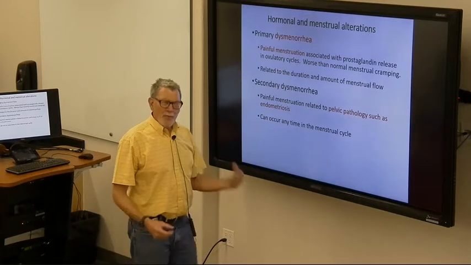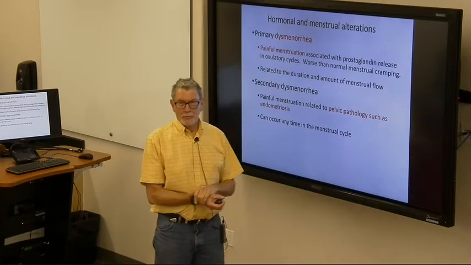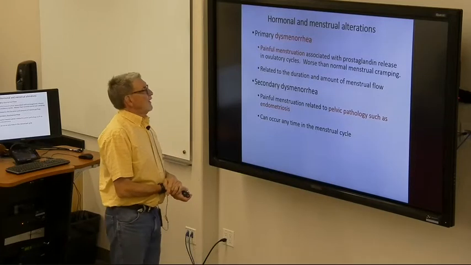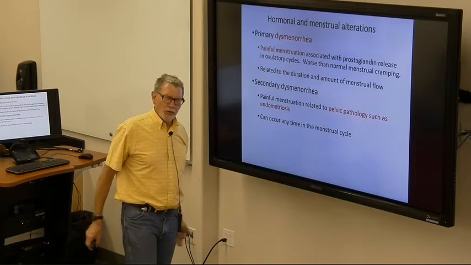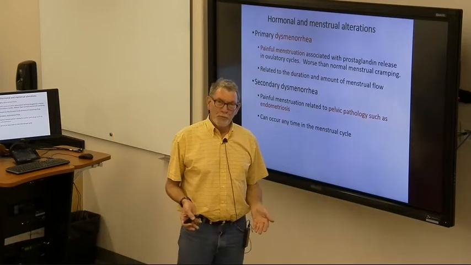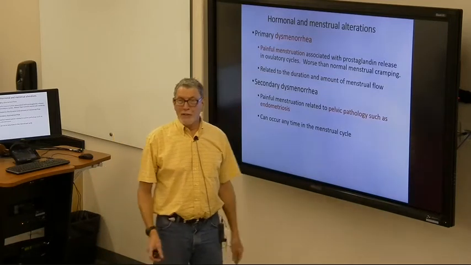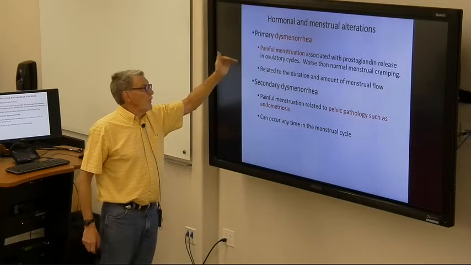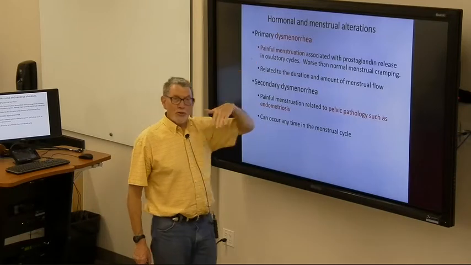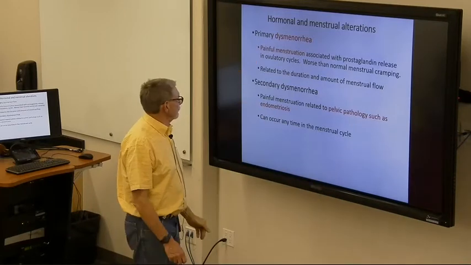Dysmenorrhea means painful or difficult menstrual cycles. Some women have a terrible time each month with menstruation. Others barely notice it. But a lot of times it's an imbalance, maybe abnormal amounts of progesterones.